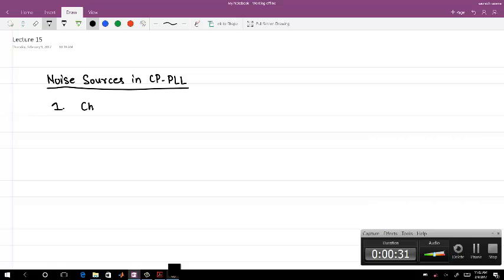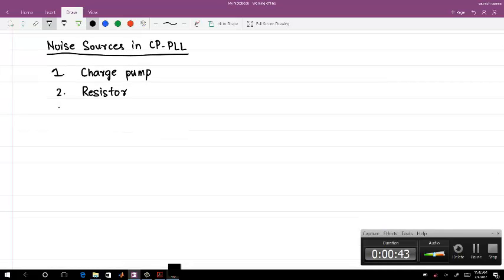One was charge pump and the other one was resistor in the loop filter. Okay, the next most important, I'm talking about it in the end, but this is one of the most important one is oscillator, as a noise source.